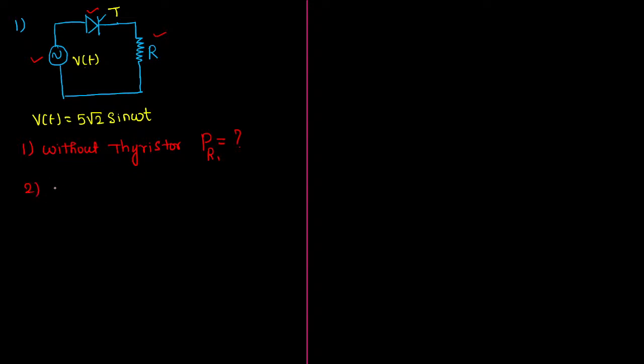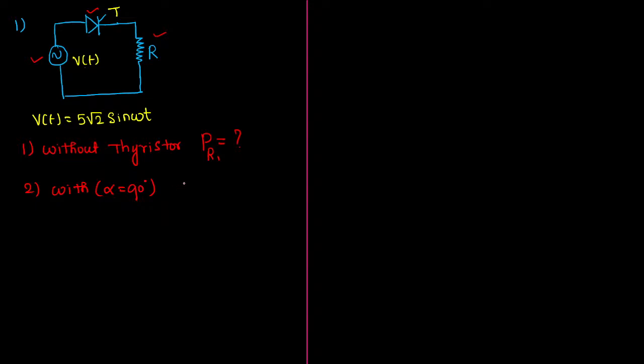In the second case, we are bringing the thyristor into the circuit, connected in series with all other elements like the circuit shown in the figure, and the thyristor will be fired at an angle of 90°.